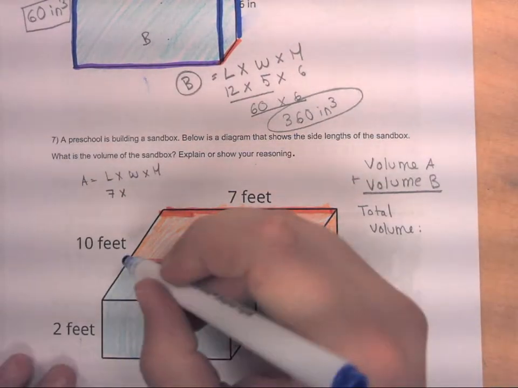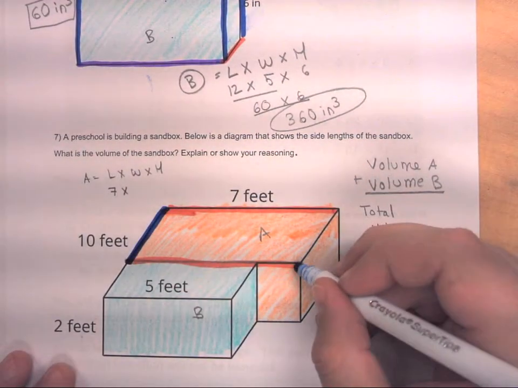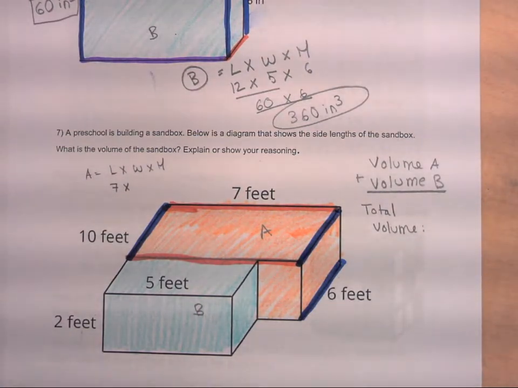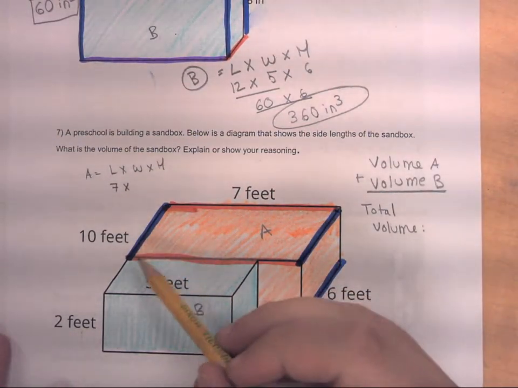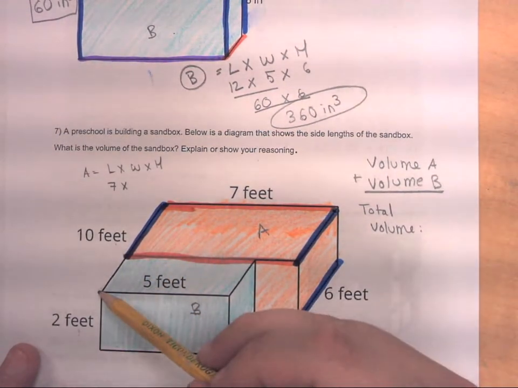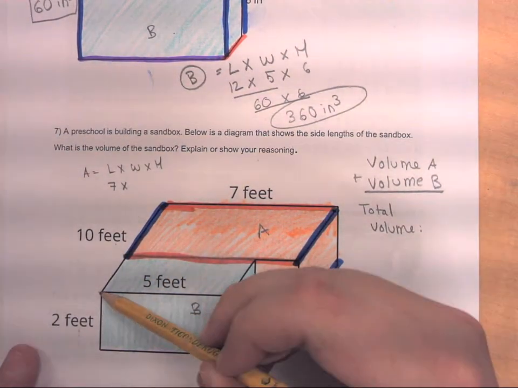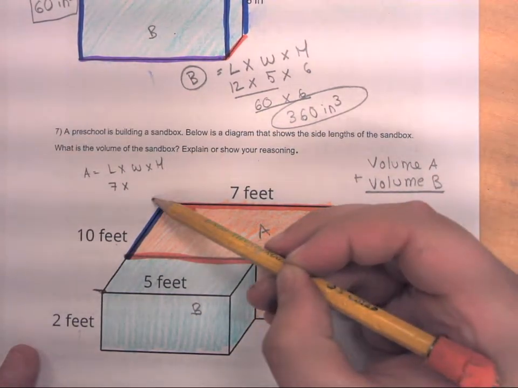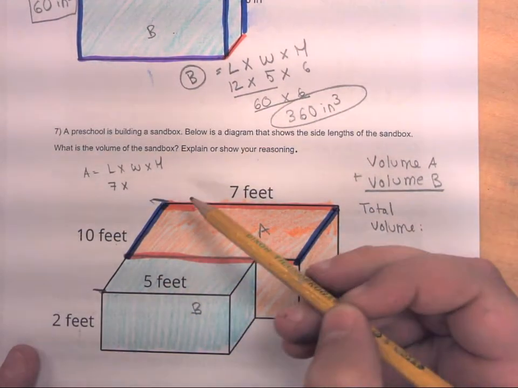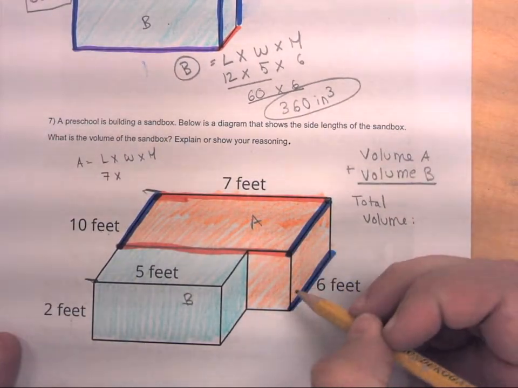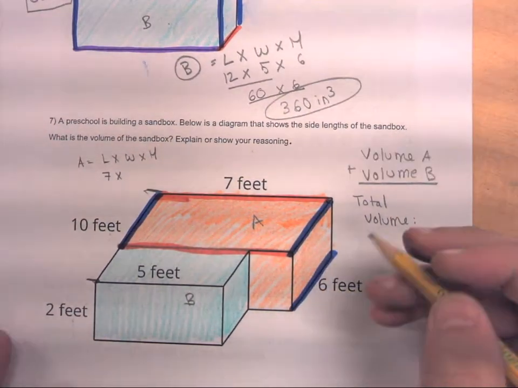Next, we need to determine the width of A, which I'm showing in blue here. And even though there's a 10 back here, that 10 is referring to the width from the beginning of B all the way to the back of A here. So the width that we're interested in for A is 6 feet.